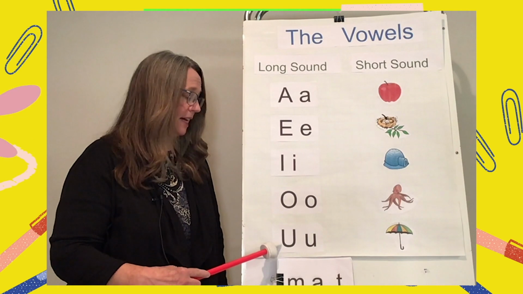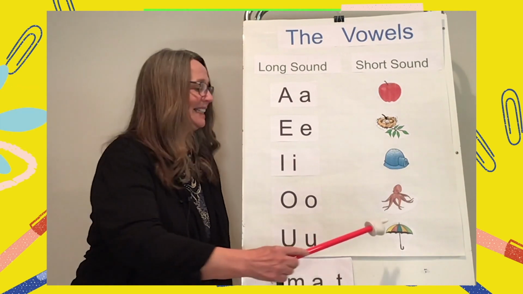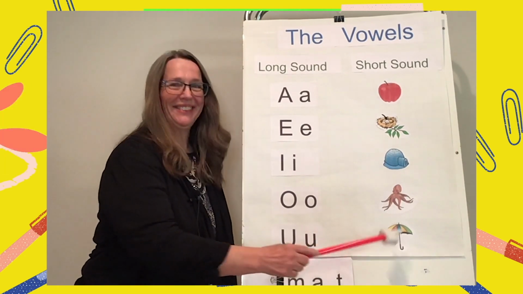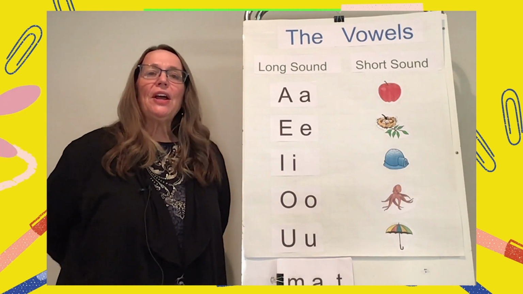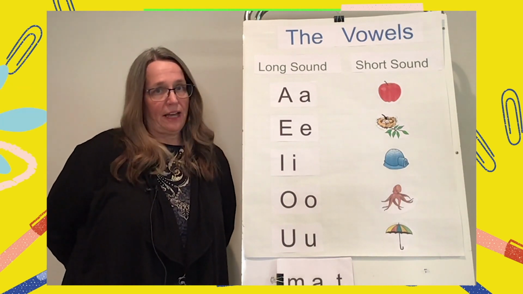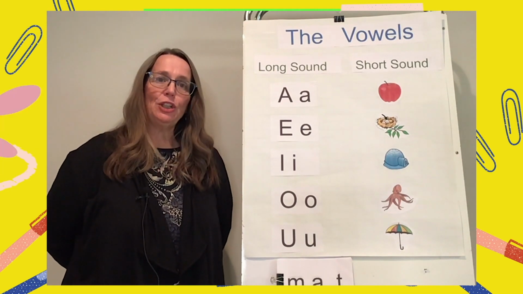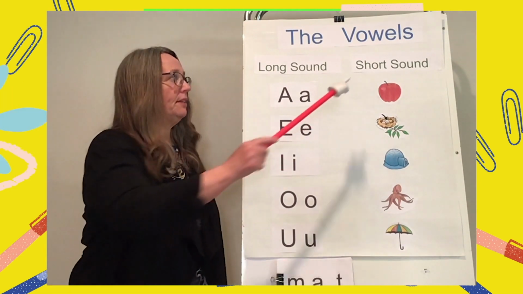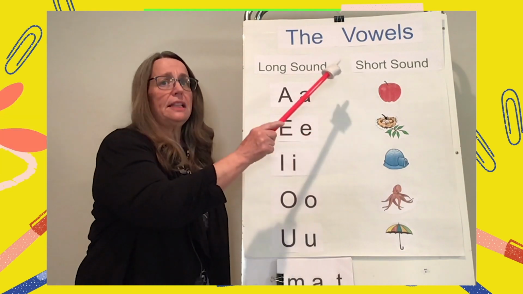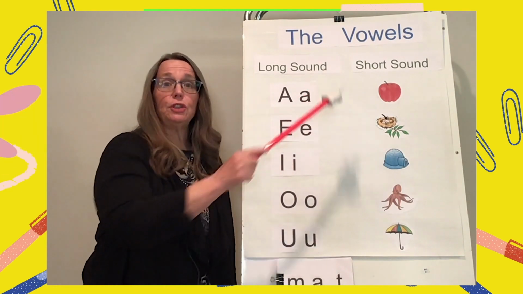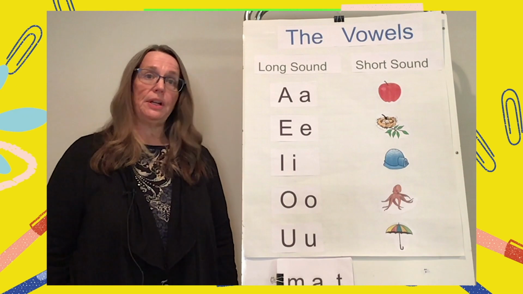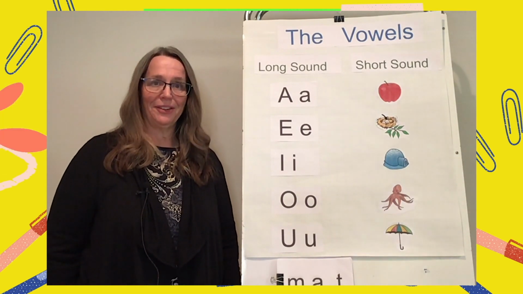The short vowel sound for U is uh. Okay? So if you see this letter by itself in a word or word part, it usually makes this sound. It is very important that you learn the short vowel sound of every letter.